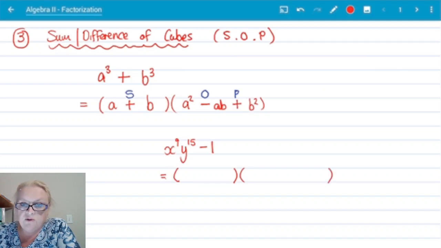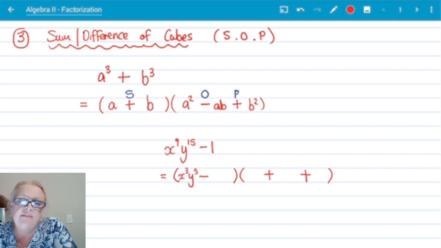Spell SOP with your signs. Same sign, opposite sign, always a plus. The cube root of this first term over here will be x cubed y to the power of 5. See, I basically divided the exponents by 3.